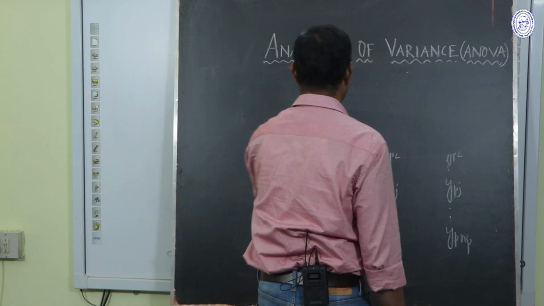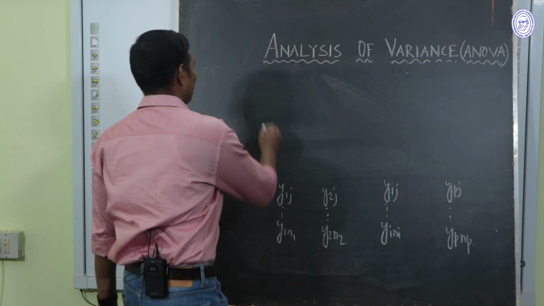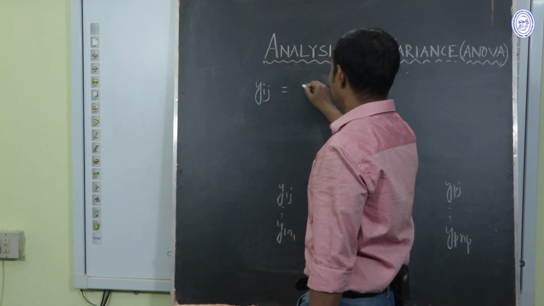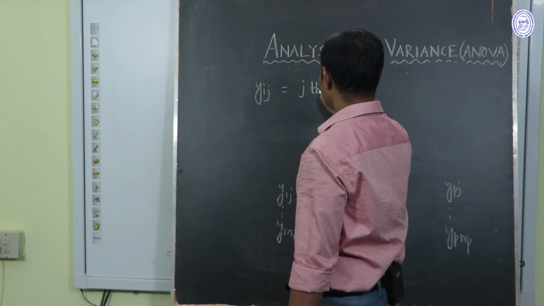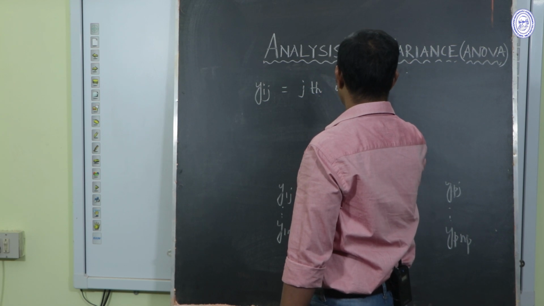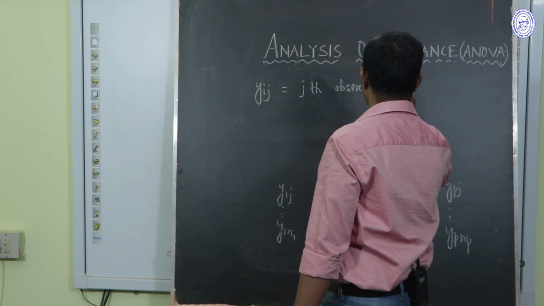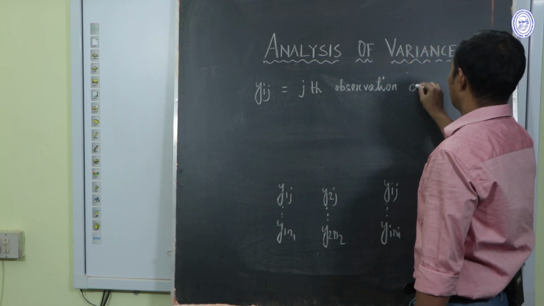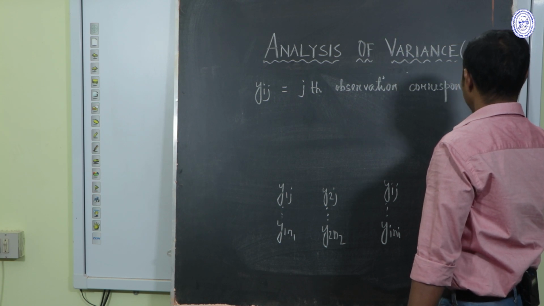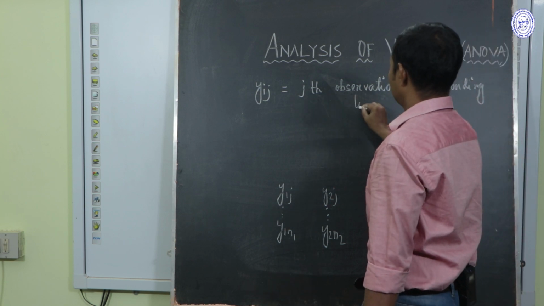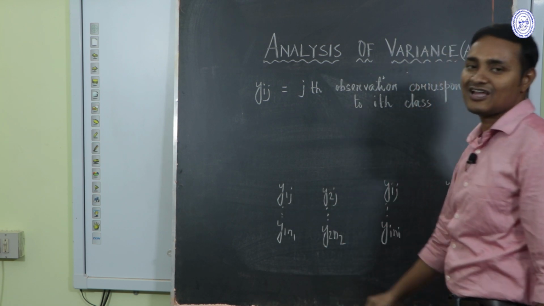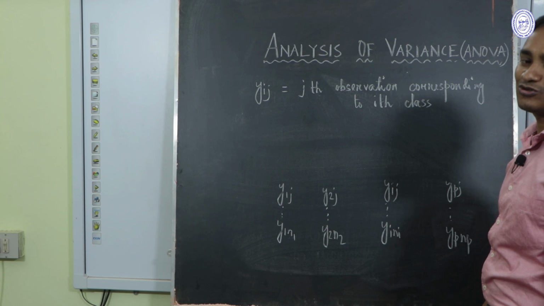Then Yij equals the jth observation corresponding to the ith class. Here i equal to 1, 2, dot dot dot p.